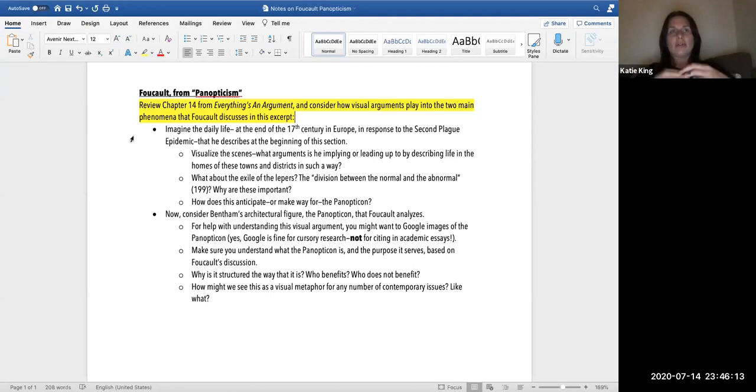How their lives are sort of managed is fascinating. And that description that he shares is fascinating. And it's definitely a visual argument.